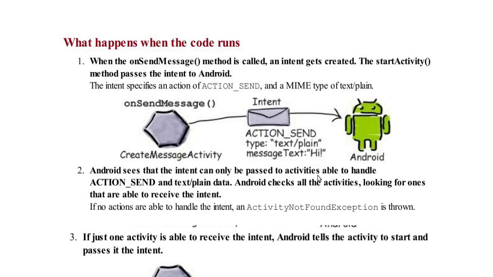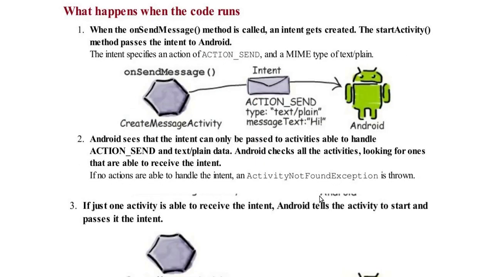Then Android sees that the intent can only be passed to an activity that is able to handle the action send, because we have defined ACTION_SEND, so it can only pass to those activities that receive that action.